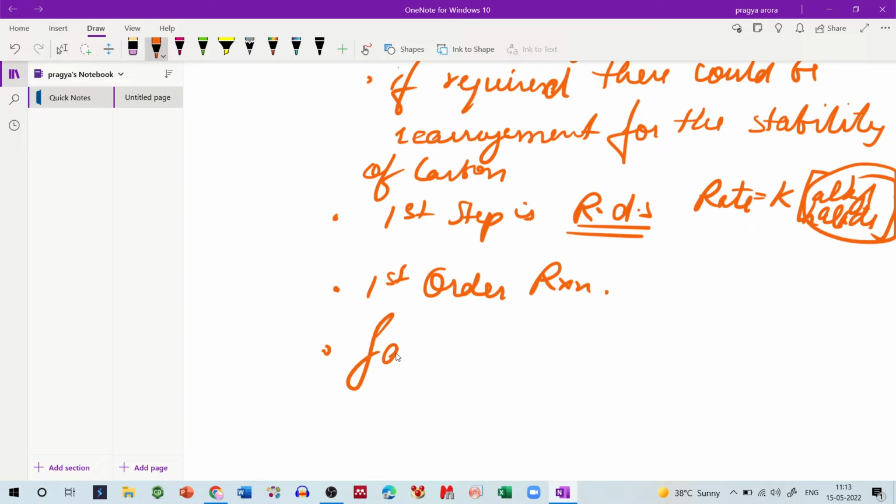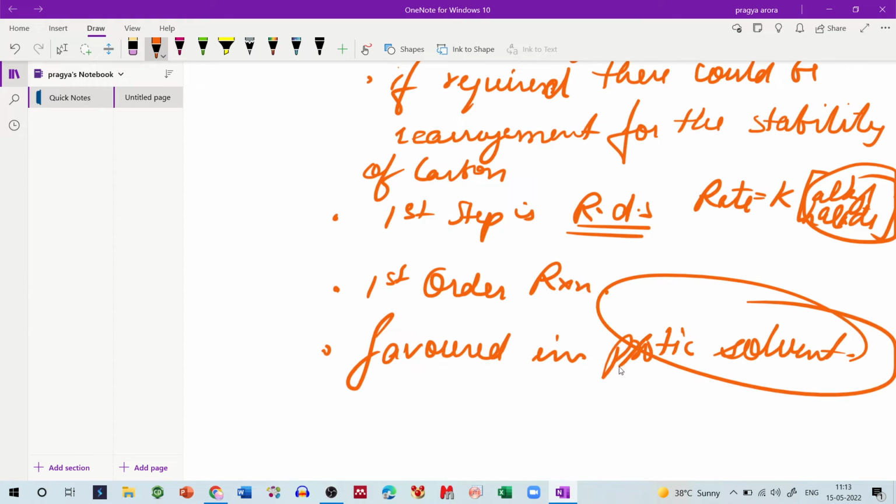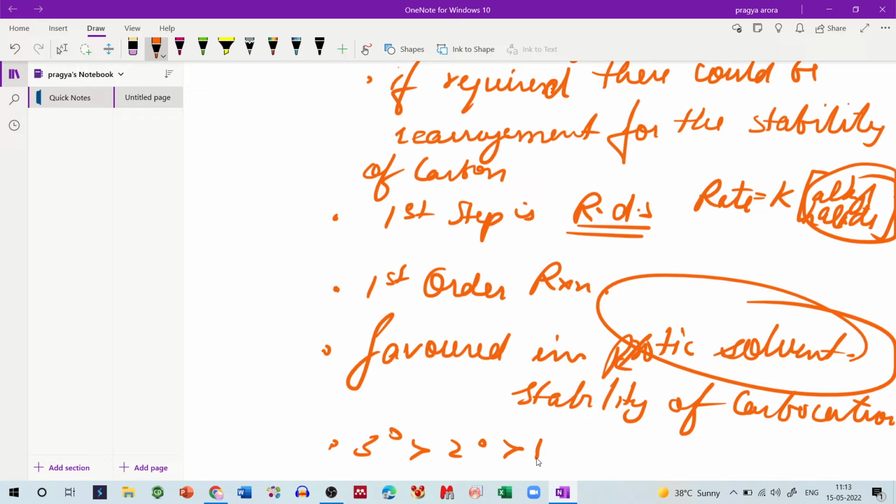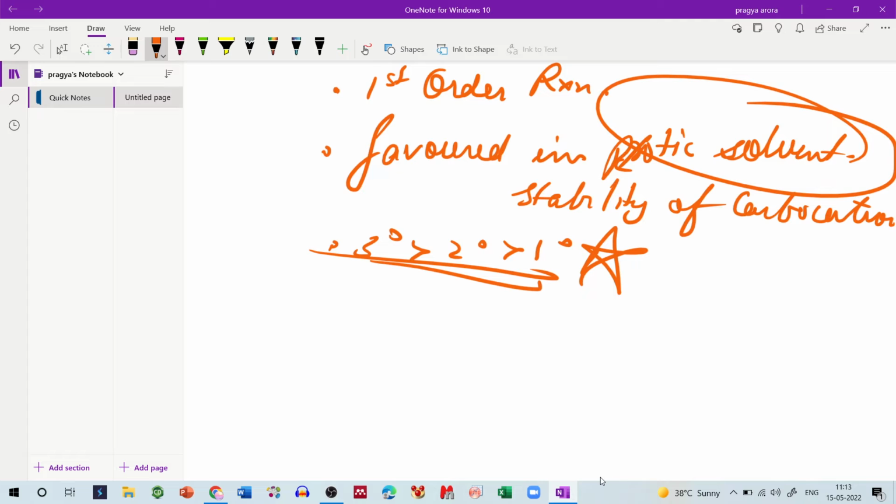It is favored in protic solvents, because protic solvents help in the stability of the carbocation. As you know, the stability of carbocation follows the order tertiary, secondary, primary. So the more stable the carbocation, the more favorable the reaction. I hope you understood.